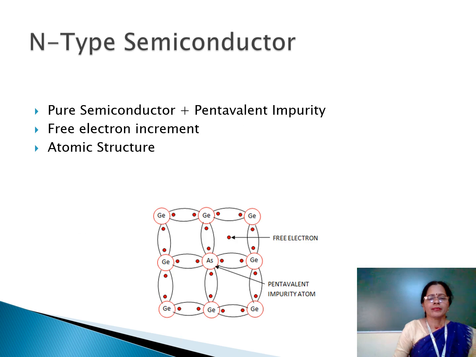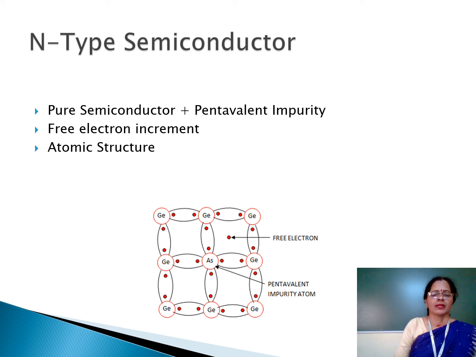From the structure, one single arsenic atom has 5 valence electrons, and out of the 5, 4 make 4 complete covalent bonds, and the 5th valence electron is not making any covalent bond with any germanium atom. So this 5th electron will be free, and it is one free electron.